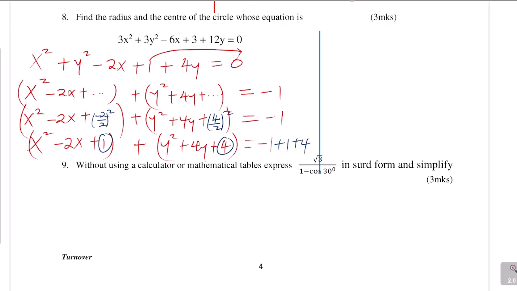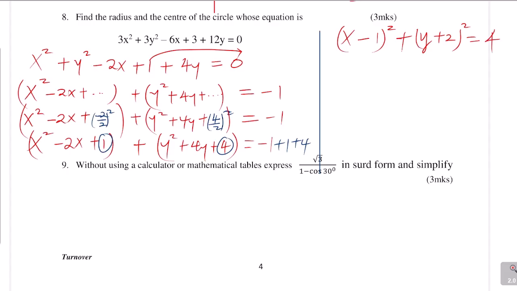Once you do that, now factorize x squared minus 2x plus 1. When you factorize that, you get x minus 1 squared. Factorize y squared plus 4y plus 4, and you will get y plus 2 squared, equals, on the right hand side, 4.